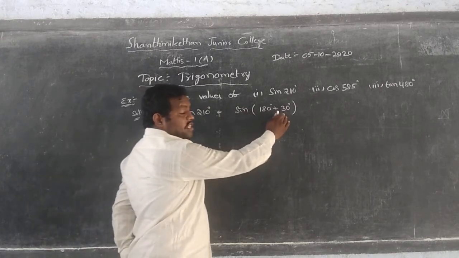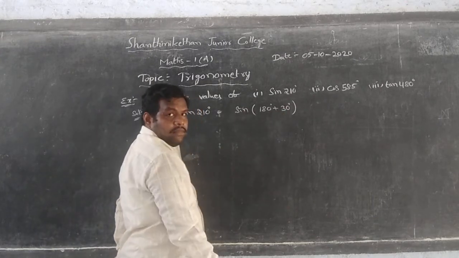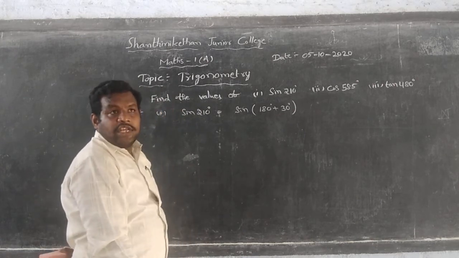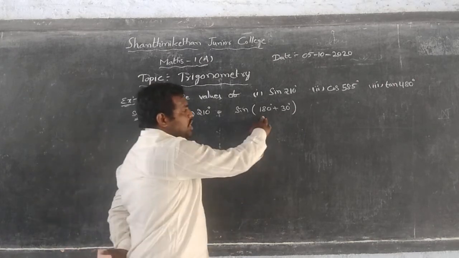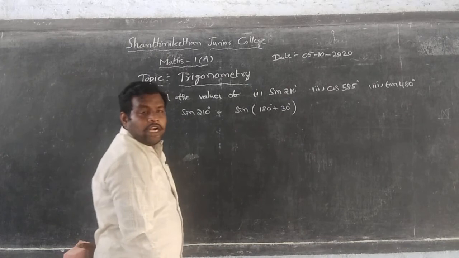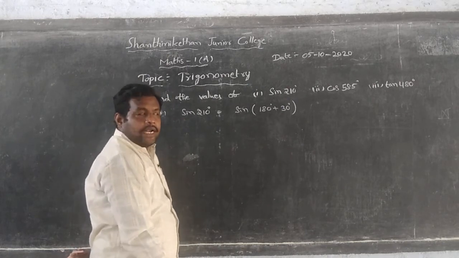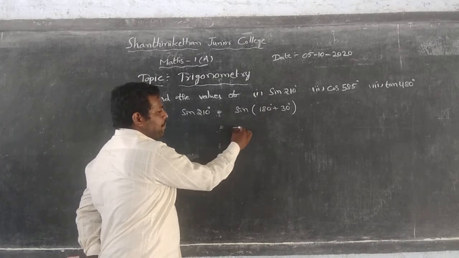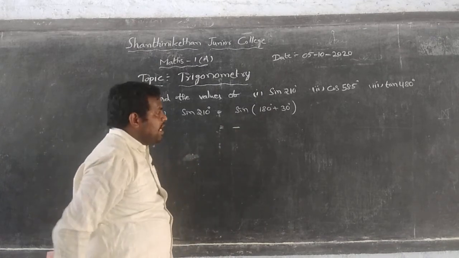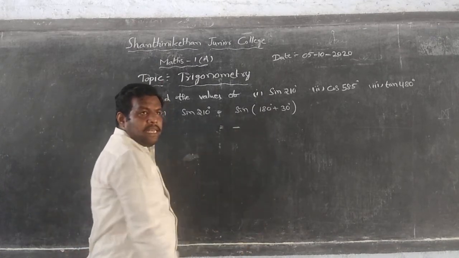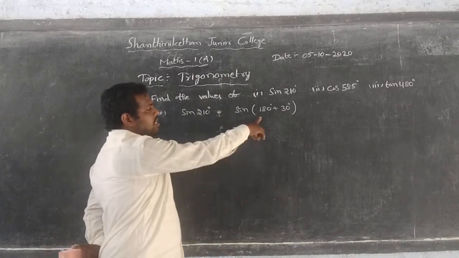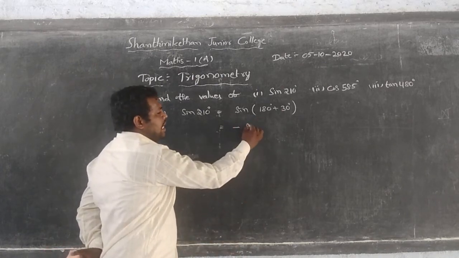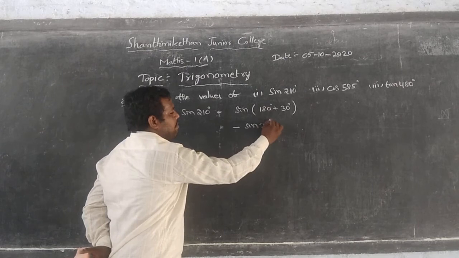180 plus theta is in which quadrant? Already we know the changes in trigonometric ratios in quadrant. 180 plus theta is in the second quadrant or third quadrant? Third quadrant. In the third quadrant, sine is negative, minus. 180 plus is an even multiple angle. If the angle is even, there will be no change, sine 30.